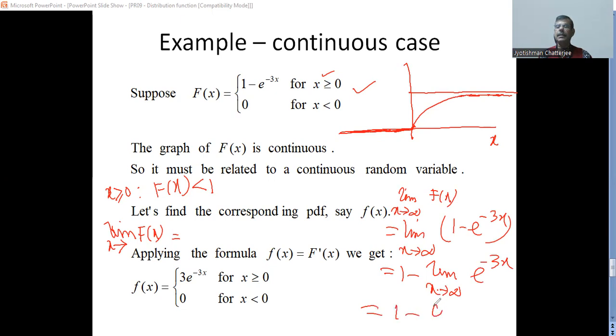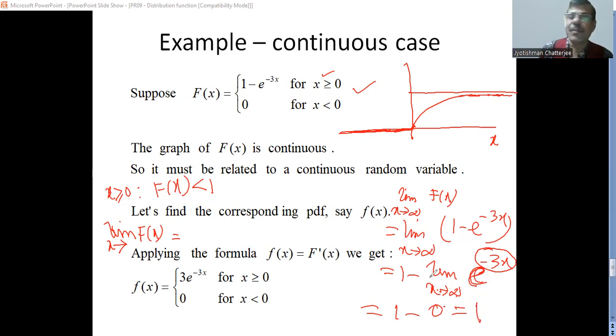And that is 0. Because what's happening? As x goes to infinity, minus 3x approaches minus infinity. So as x becomes a very large number, the exponent of this e becomes a very large negative number. And as a result, e to the power minus 3x becomes extremely small. So as x goes to infinity, this number e to the power minus 3x approaches 0 and we get 1.